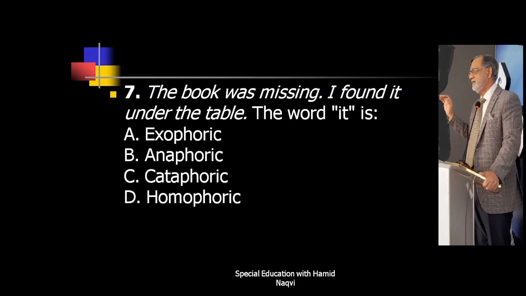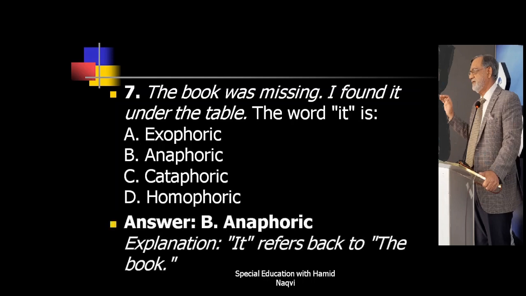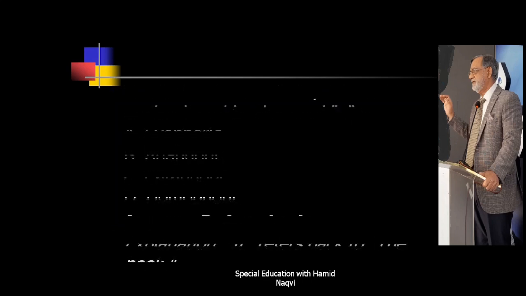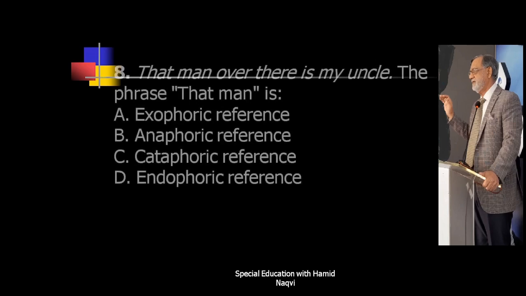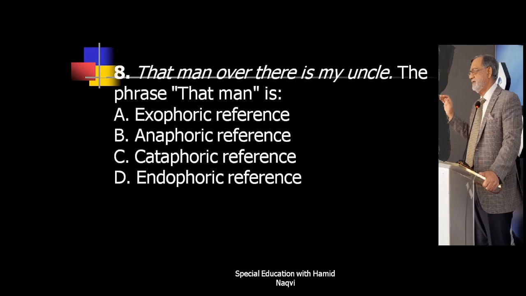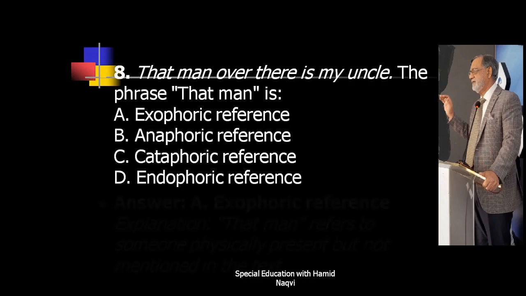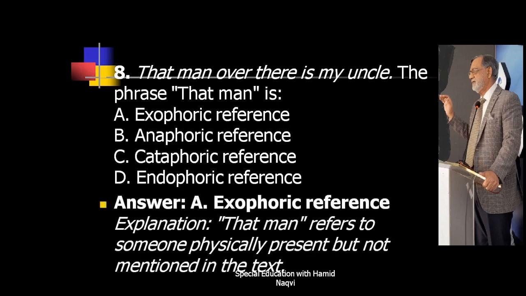What is it? It is anaphoric, because it refers back to the book. That man over there is my uncle. The phrase that man is what? It is exophoric, because that man refers to something physically present but not mentioned in the text.